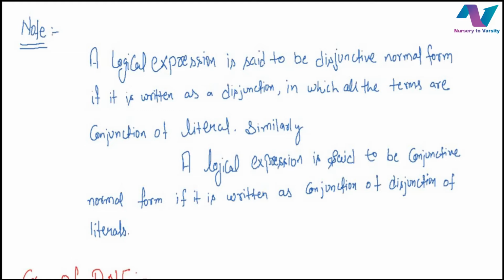It means in brackets we find the AND operation and outside the brackets we find the OR operation. Similarly, a logical expression is said to be in conjunctive normal form if it is written as a conjunction of disjunctions of literals. We are going to solve some numericals as well, from where we identify in which form the given statement is.